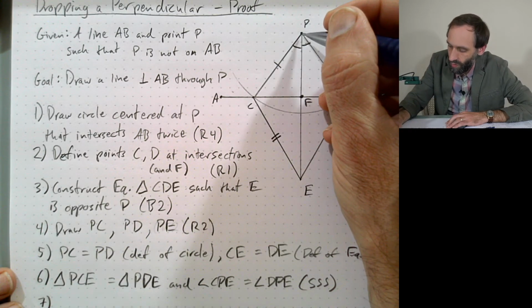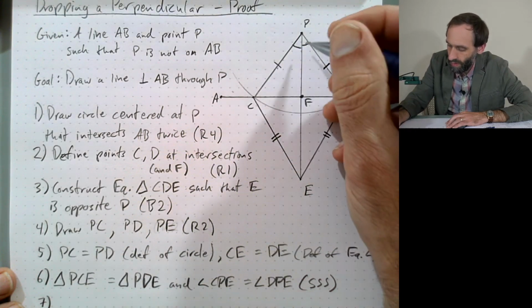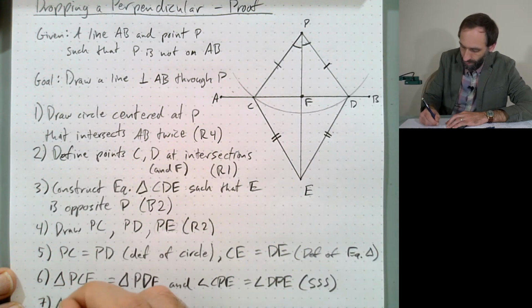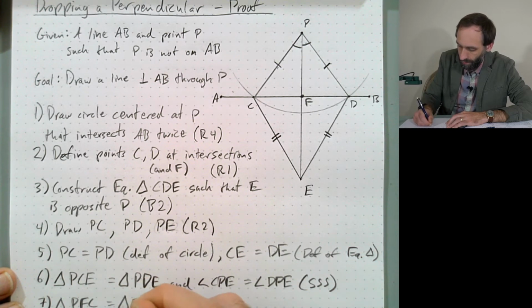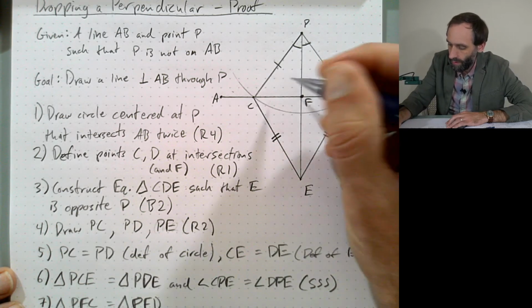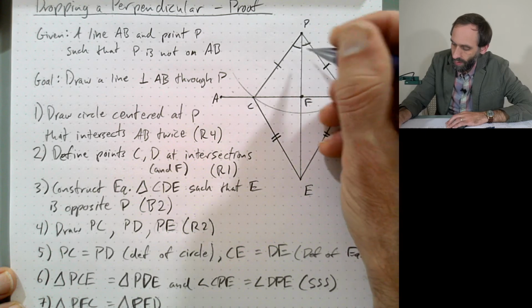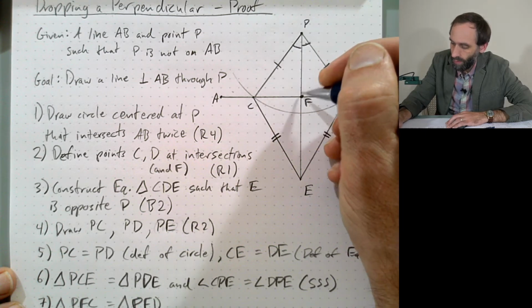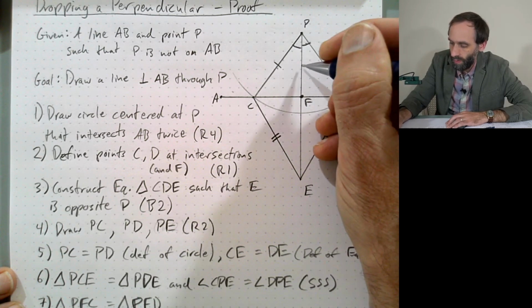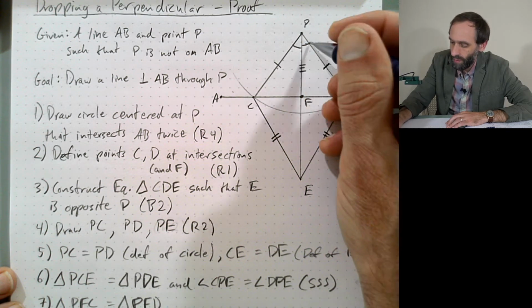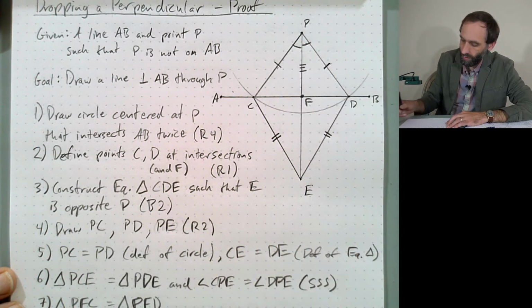I can say that triangle PFC is equal to triangle PFD. How do I know these two triangles are equal? Well, side equal to side, angle equal to angle, and PF, of course, is equal to itself. So side, angle, side equal to side, angle, side. Therefore, those two triangles are equal.